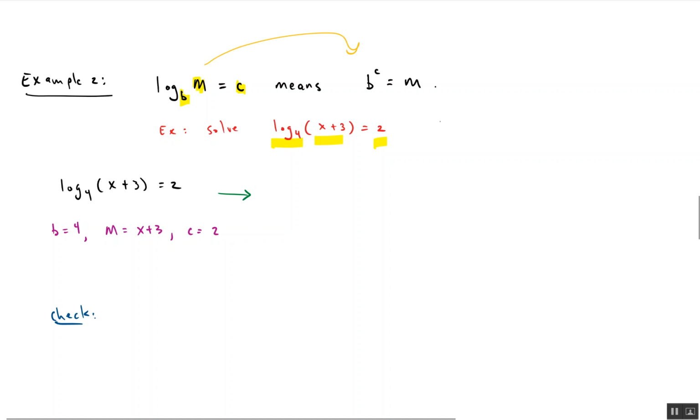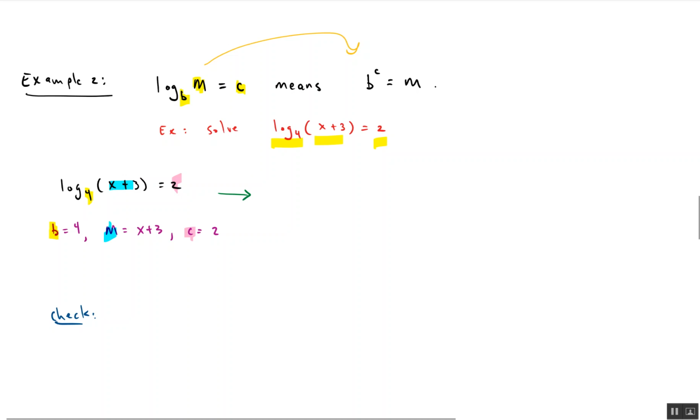So down here I've identified the b, which is 4. I've identified the m, which is quantity x plus 3, and I've identified the c, which is 2. So now we have those. We can literally just rewrite them in the equivalent exponential form and see where it takes us from there.